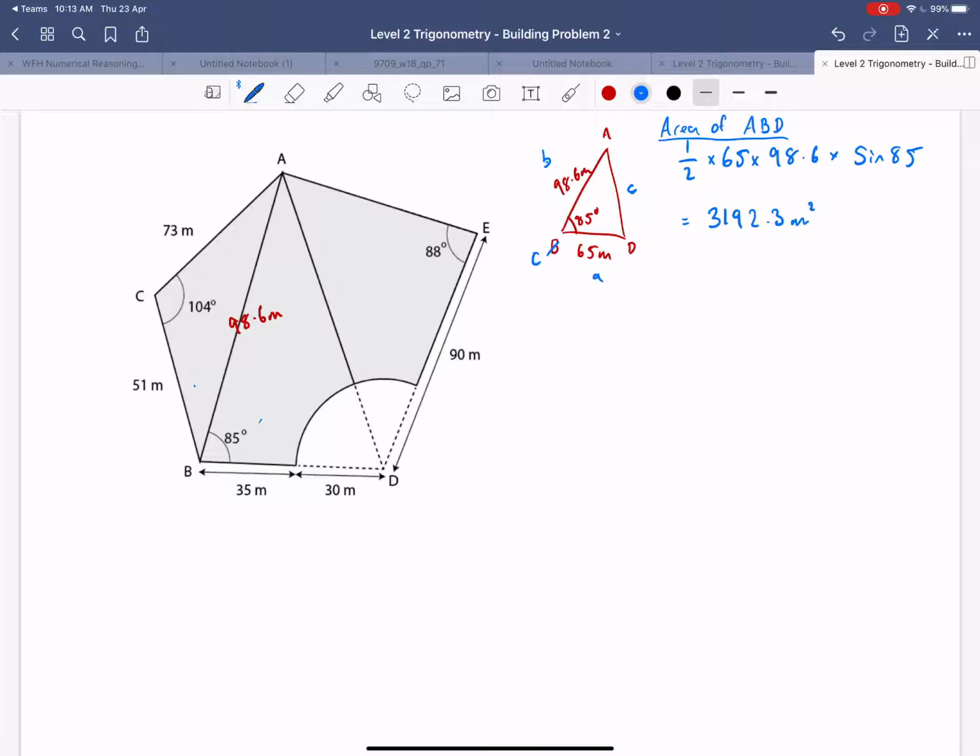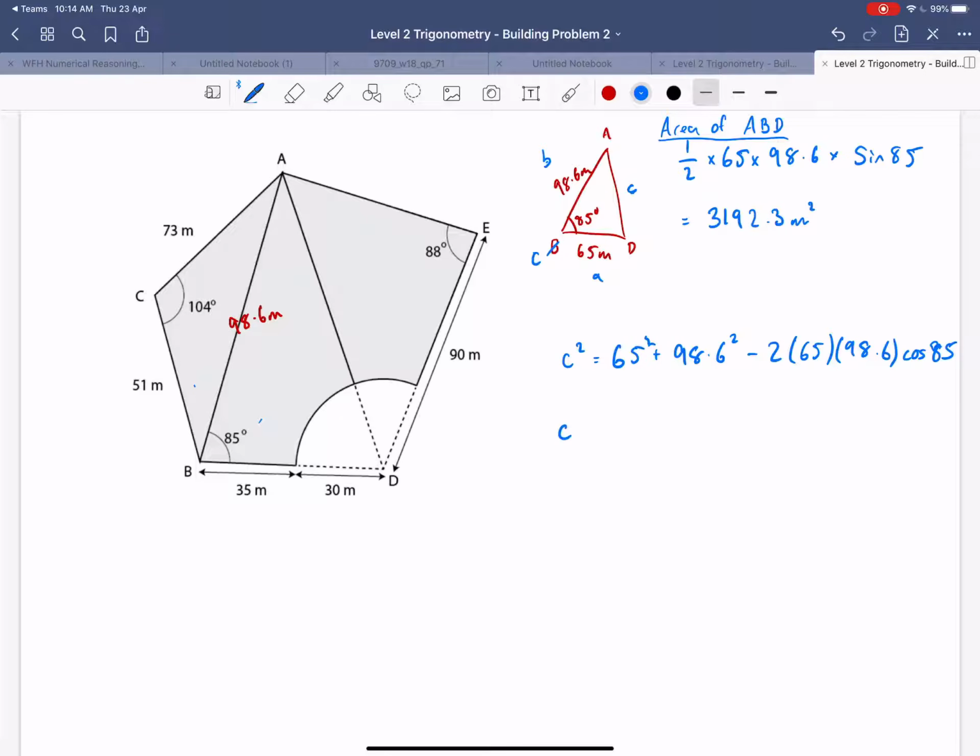So cosine rule is c squared equals a squared plus b squared minus 2ab cos c. So a squared plus b squared minus 2 lots of a, b, cos c. Okay.